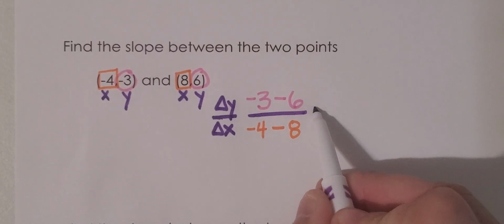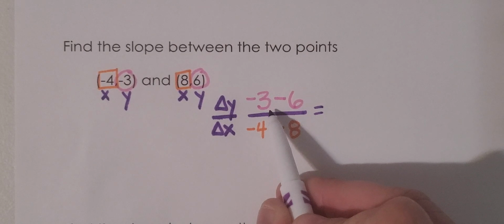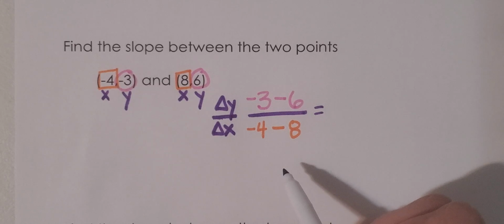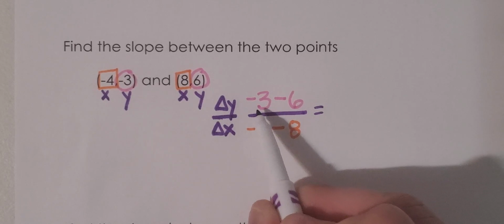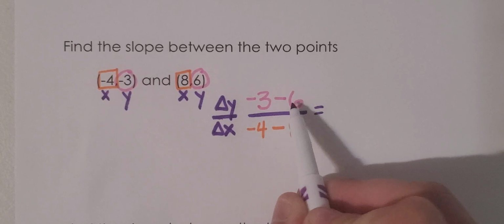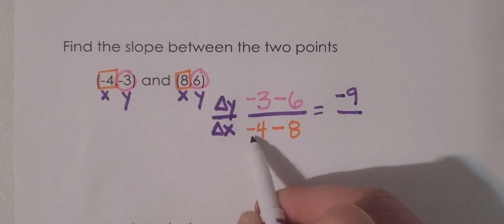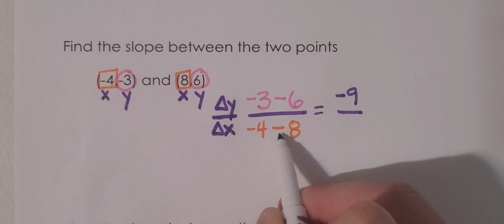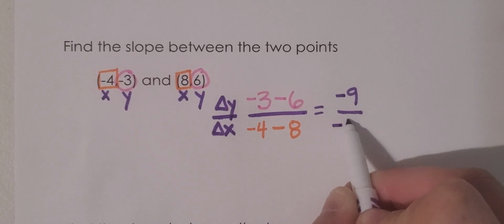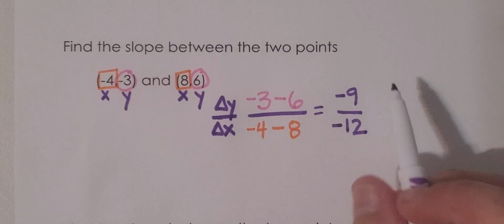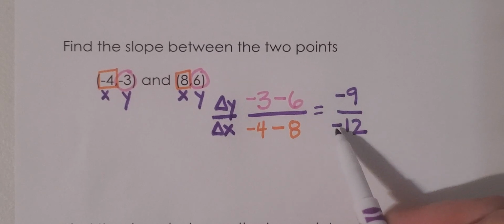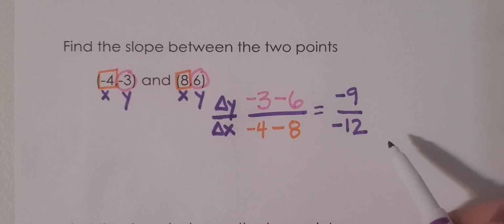And when I actually solve these, again, if I don't know my negatives and positives, I can always use a calculator. -3 minus 6 would be -9. -4 minus 8 is going to be a -12. So this -9 over -12 is going to be my slope.